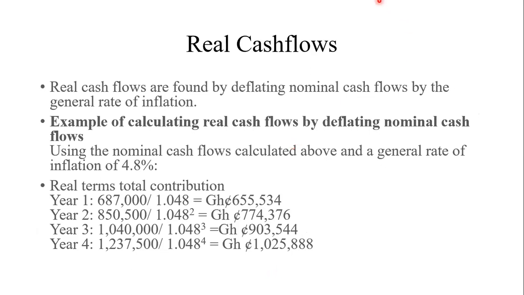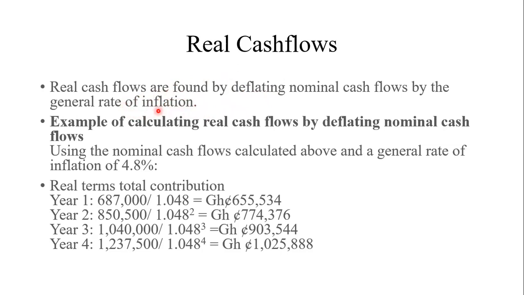Okay, let's look at real cash flows. Real cash flows are found by deflating nominal cash flows by the general rate of inflation. Remember, we saw an example where we're given nominal cost of capital, and we're to determine the real cost of capital.